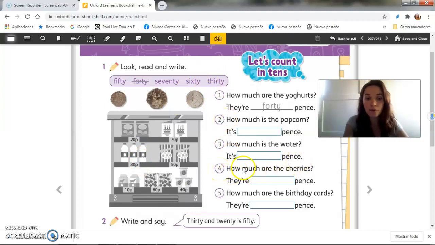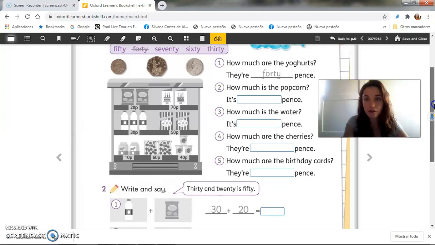Number 4. How much are the cherries? The cherries. They are 60. Very good. 60 pence. And finally, how much are the birthday cards? They are, look at the birthday cards. These are the birthday cards. They are 70 pence. Perfect. Great job.